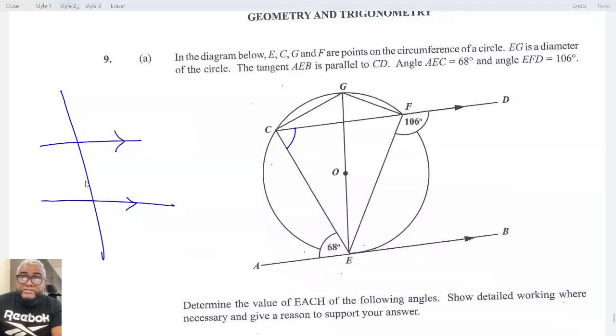So if this angle is 68, what would this angle up here be? 68. And what are they called? Somebody say alternate angles. So if here is 68, here is 68, and the reason will be alternate angles are equal.